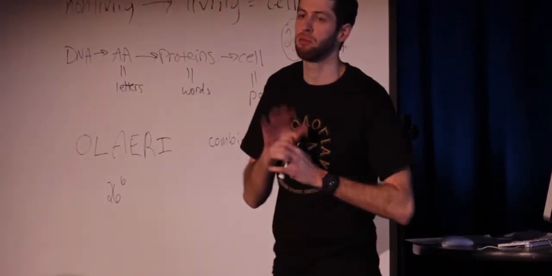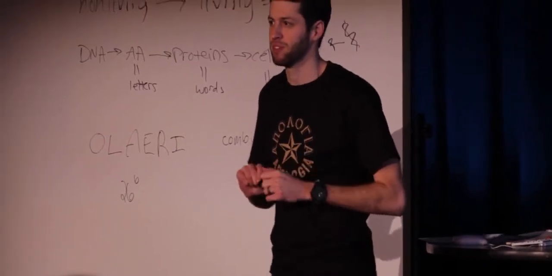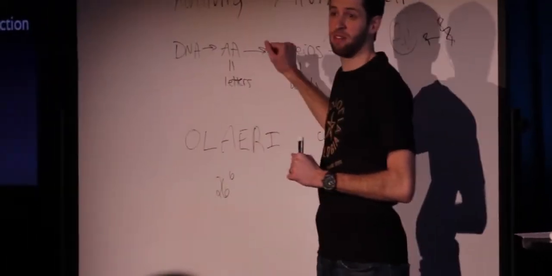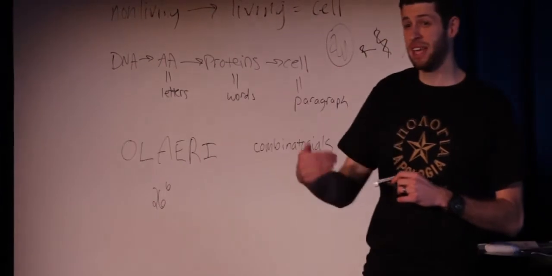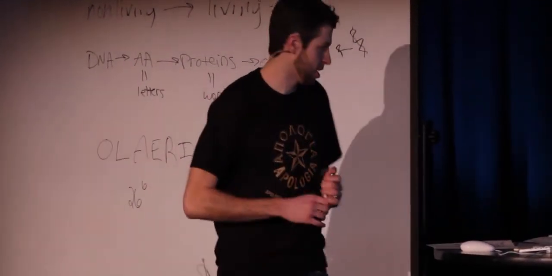Does anyone see the problem with that? Okay, good. It's not alive, right? We went from non-living to living. Natural selection, Darwinism, depends on self-replication. The whole theory depends on living.